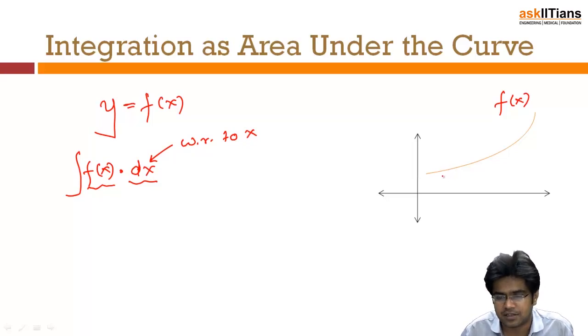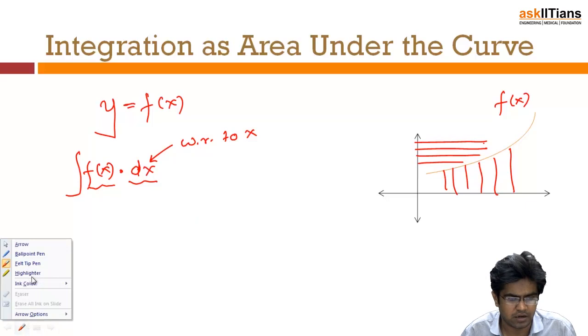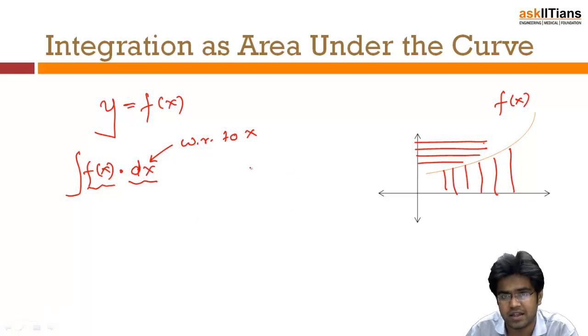What is the difference? If you are integrating in x, this is the area that I am looking for. If you are integrating with respect to y, then this is the area I am looking for. This is just the conceptual point, about which area we are looking for.